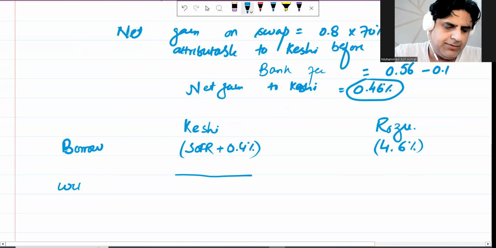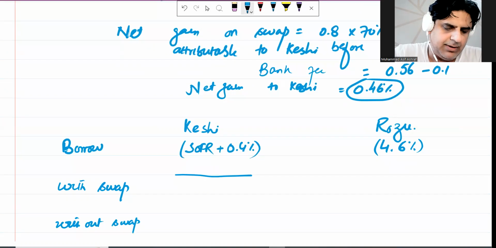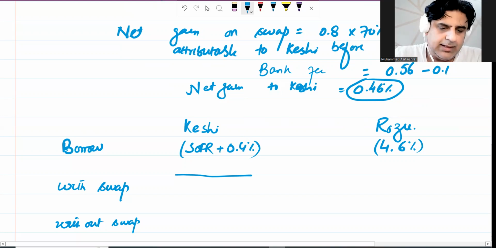Now, we have to check out with swap, what will be the option, without swap, what will be the option. So without swap, 𝗜희 has the option to borrow at a fixed rate of 5.5% without swapping.